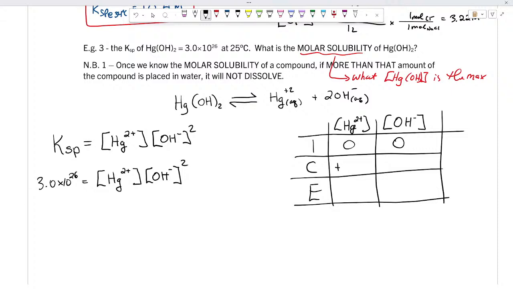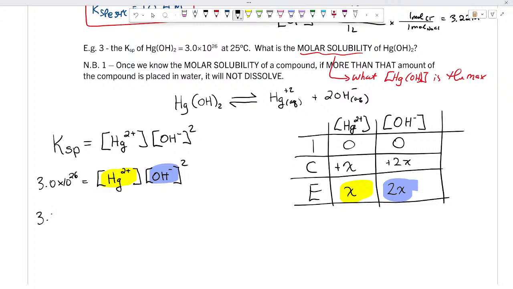Up. And the Hg2, how much does it go up by? X. Now, careful here. What's the OH minus go up by? 2x. So, at equilibrium, the concentration of Hg2 plus is going to be x. The concentration of OH minus is going to be 2x. And now, what can we do with those values? We can sub them in. And we want to make sure we do so carefully, of course, because we're careful people.